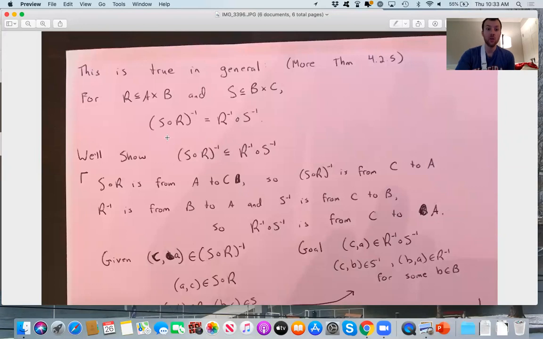Showing that these two relations are equal will show that the left one is a subset of the right one. But after we're done, we'll have understood enough that going the other direction you should be able to do.